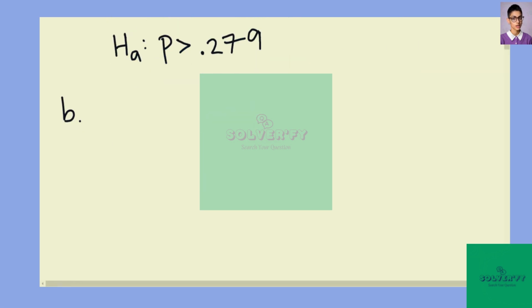For part B, we are told that we're using an alpha level of 0.05. So now we need our critical value for that.